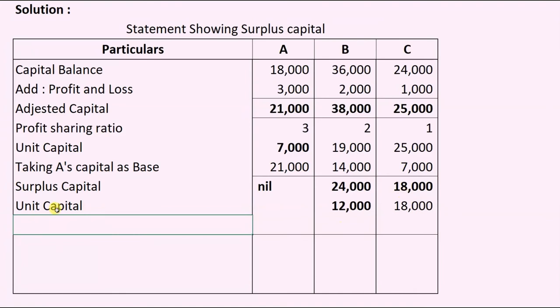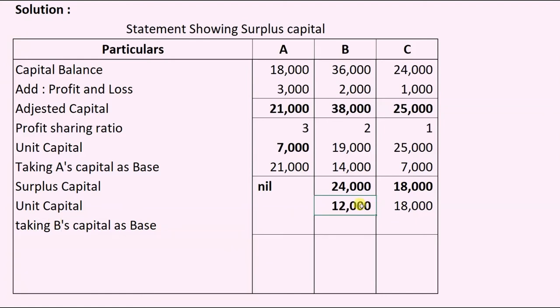So from the unit capital we take the least amount. Here 12,000 is the least amount, the unit capital of B. So we will take B as base. So taking B's capital as a base, B's capital is 12,000 unit capital.